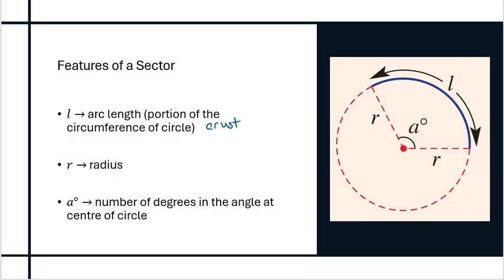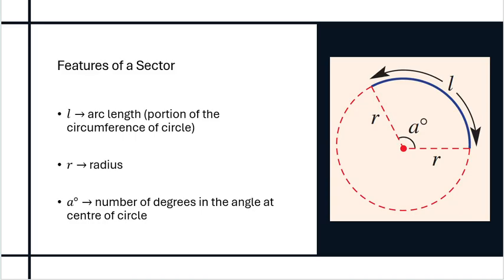Okay, so first off we just need to talk about features of a sector. If you have a look at my little diagram over here, as you can see, it sort of outlines a circle, but you'll notice that some parts of it are dotted line. What that means is that the circle is not really there.